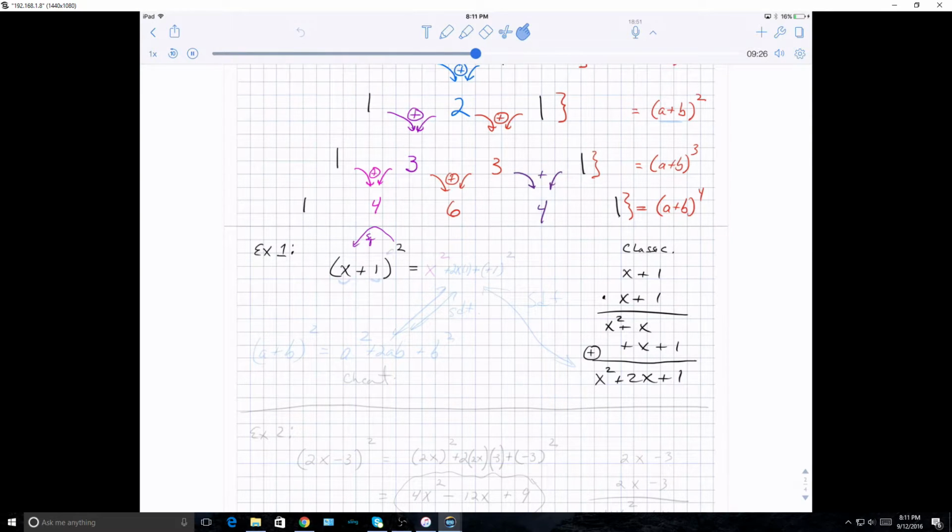So it's x squared, so let me put that in purple here. In fact, let's just erase it and put it all in purple. So that would be square the first guy, square this last guy, so that would be plus 1 squared, and then take 2 times the internal product, x times 1, because we're just multiplying those two. And that's what this is saying right here when we do the actual problem out.